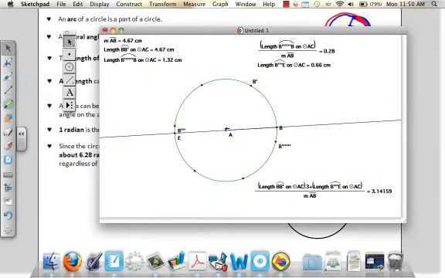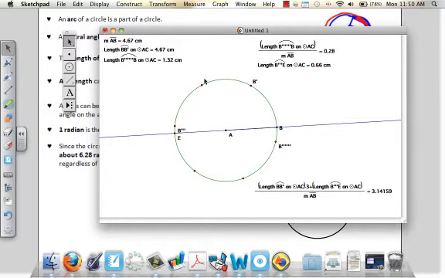So what we've done here is we've drawn a circle, and I found the radius. The length of the radius is 4.67. That's arbitrary. Then we said, I want to walk around 4.67 centimeters on the circle and put a dot. As you can see, I measured it and it's perfectly accurate. So B to B prime is 4.67 centimeters.